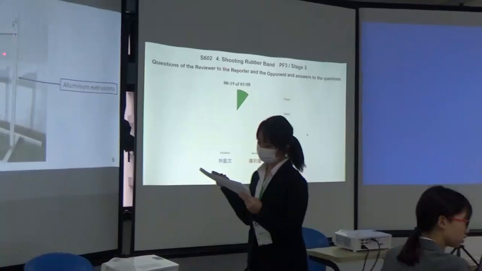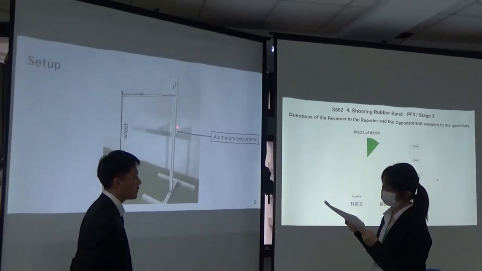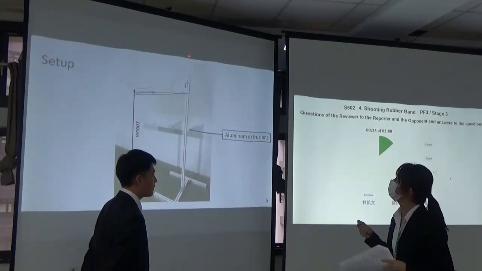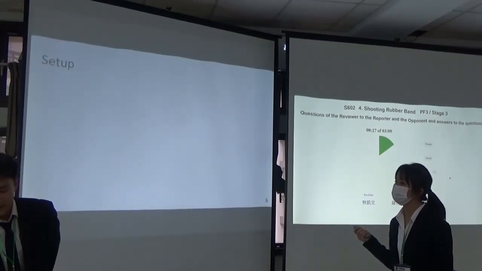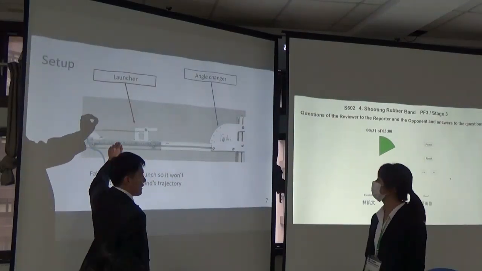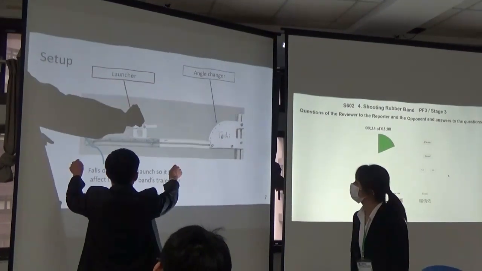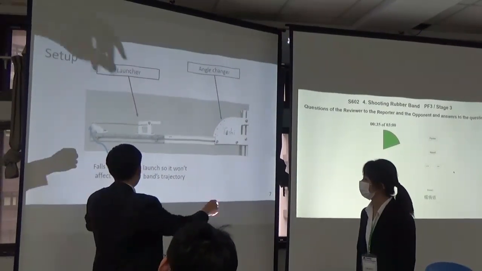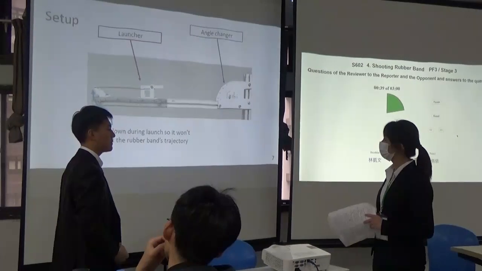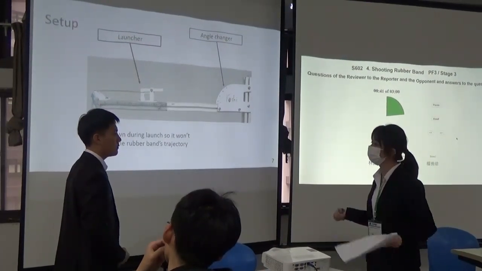How do you use this setup to make the rubber band uniform or non-uniform? Well, you just stretch it and then fix it at the two sides of the launcher. How to make it non-uniform?